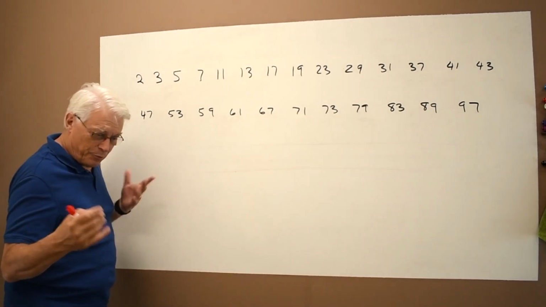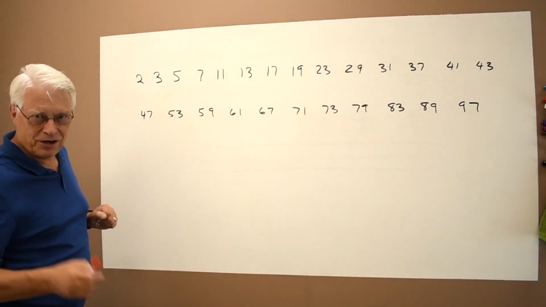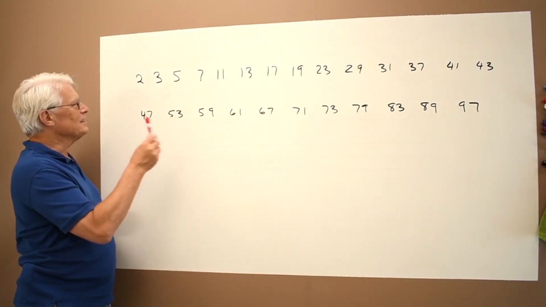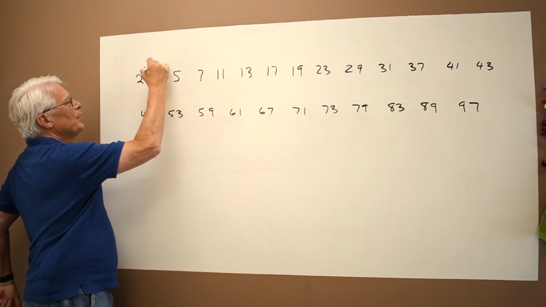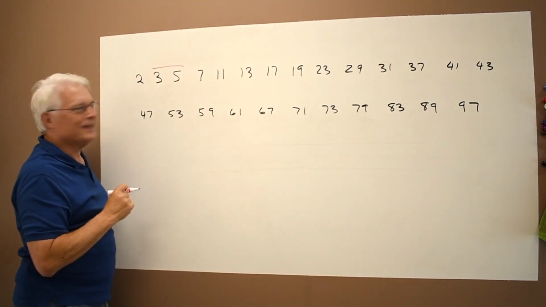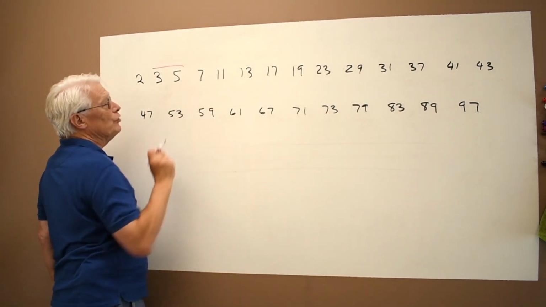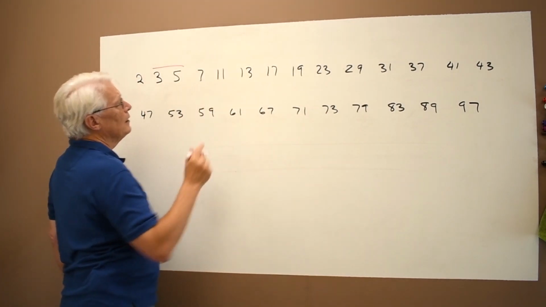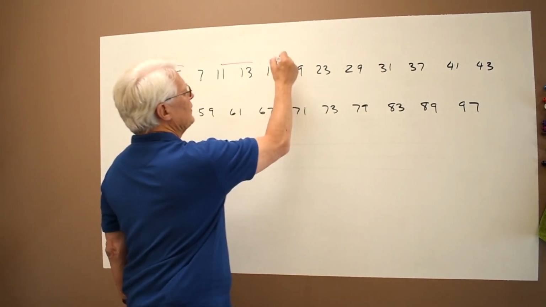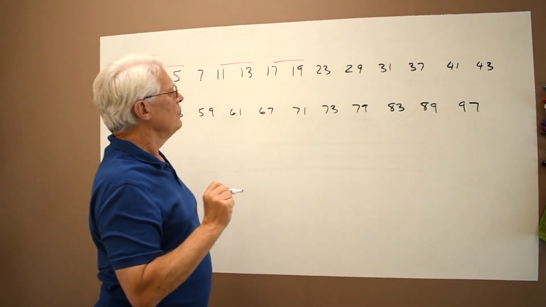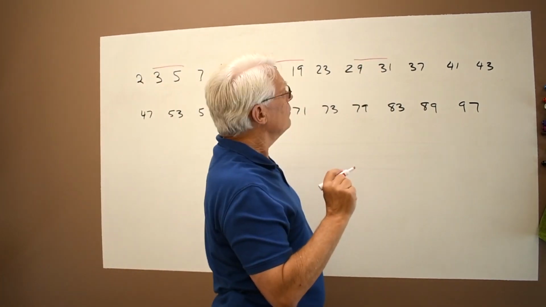So here are the prime numbers between 1 and 100 in order. Now what I want you to notice is that there are a lot of instances of consecutive prime numbers that differ by 2. 3 and 5 differ by 2. 7 and 11 do not differ by 2. 11 and 13 differ by 2. 13 and 17 don't, but 17 and 19 differ by 2. 23 and 29 don't, but 29 and 31 differ by 2.